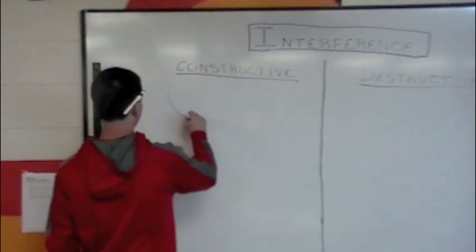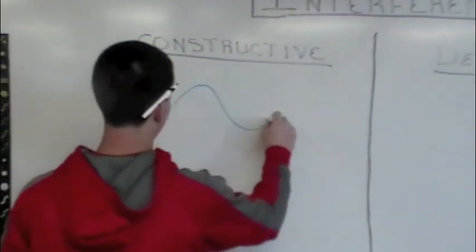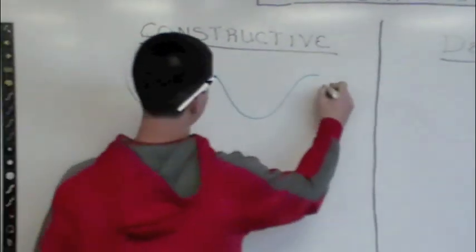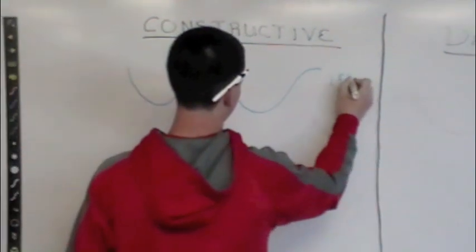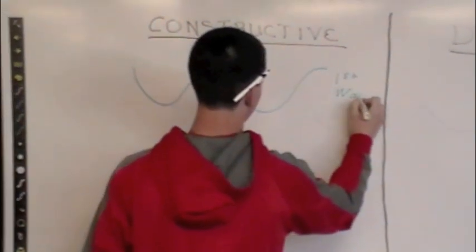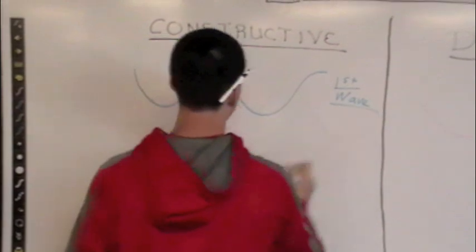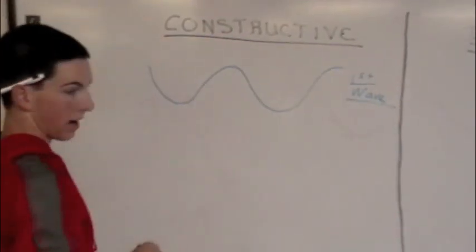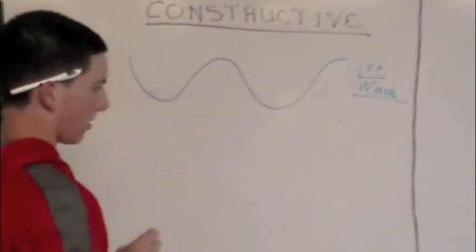We can show constructive interference by demonstrating an easy addition equation. This is the first wave. And now we're going to draw the second wave.